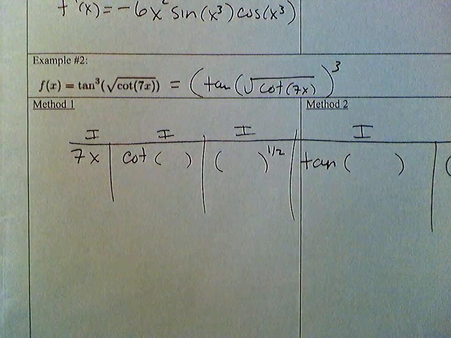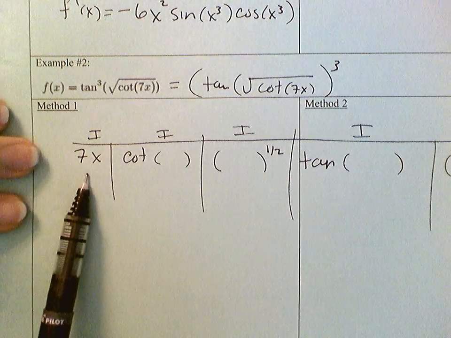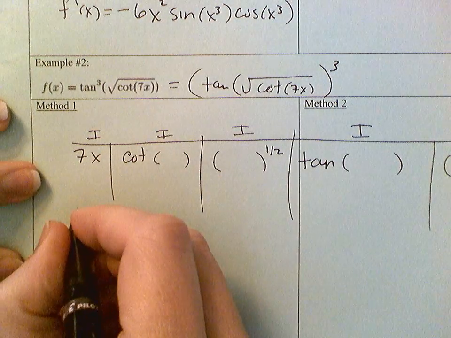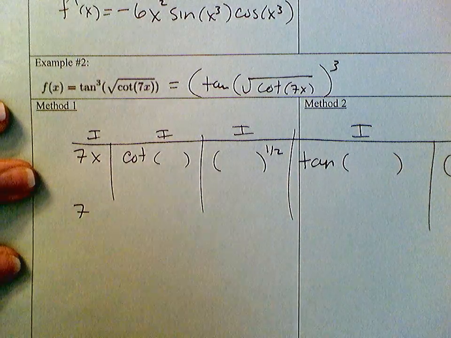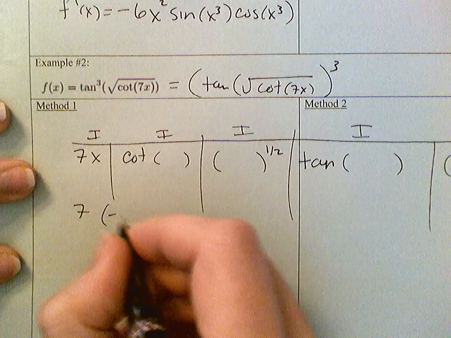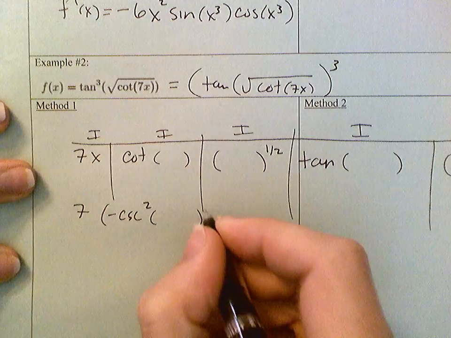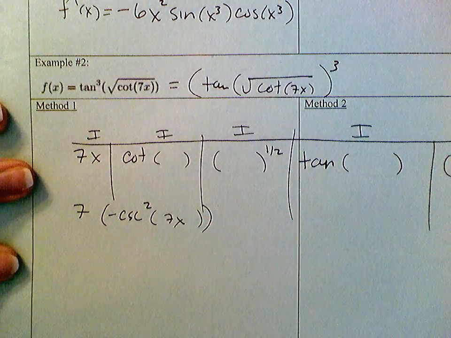Okay, guys, so now I'm going to take the derivatives of all of them and then put the stuff that was inside to begin with back in. So the derivative of 7x is 7. The derivative of cotangent, this is one to be memorized, is negative cosecant squared of blank, and 7x goes back in the blank.